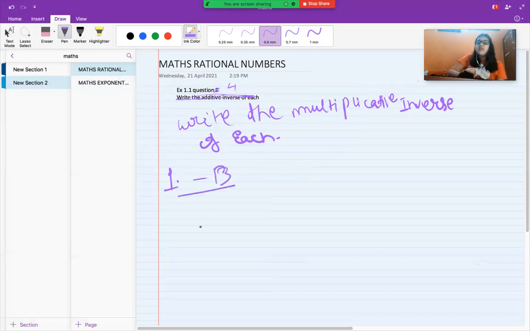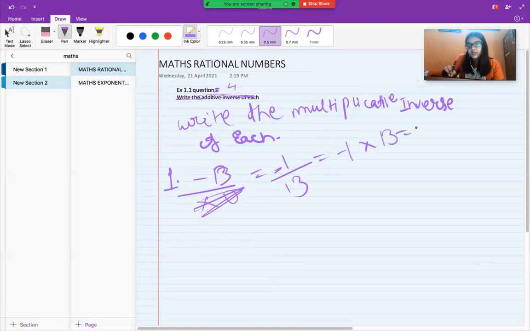And since there's only one number, not any denominator, not zero, nothing, the answer is minus 1 by 13. The minus came to this as minus 1 times 13 is equal to minus 13. So as minus times plus is equal to minus, it will be minus 13. So by this question, we have reached minus 1 by 13.